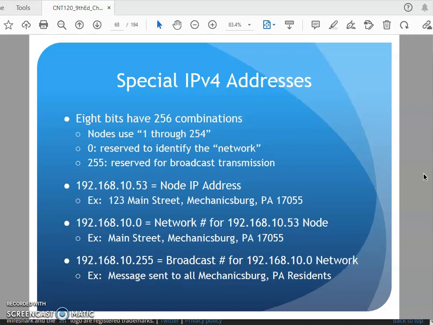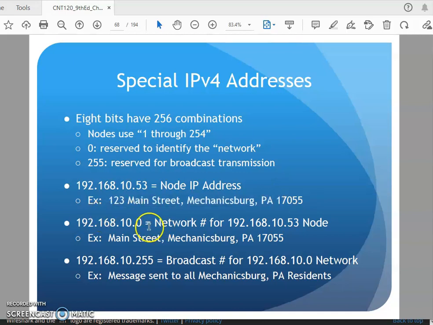With IPv4 addressing, we also have a couple special numbers. A node address would be something like this. This is identifying a specific node on the network, kind of like 123 Main Street, Mechanicsburg, PA, as opposed to 123 Main Street, Lima, Ohio kind of thing.